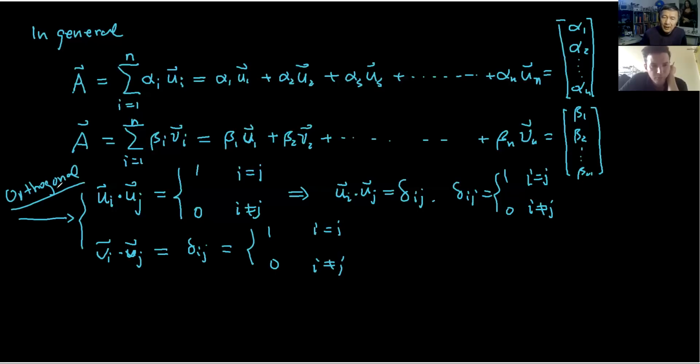Now, if we go to a very simple example, n equal to 2, we return to 2D, to our x, y. In this case, u1 just equals i, the directional vector of the x-axis, and u2 equals j.